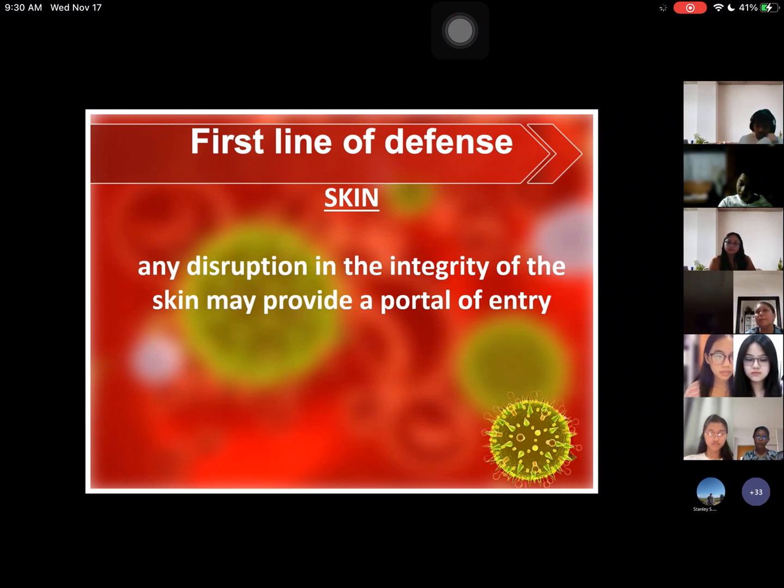So that's why the skin can be a portal of entry to invaders. If you have abrasions, cuts, or wounds, any destruction in the integrity of the skin may let microorganisms, pathogens, or any non-living invaders gain entry.